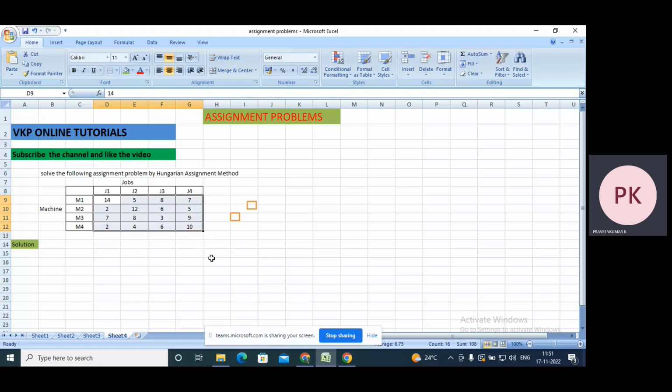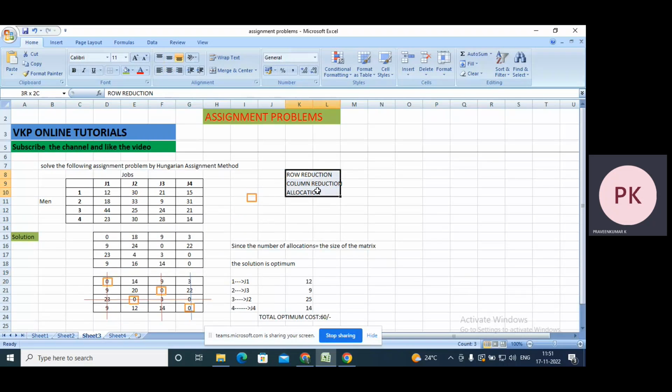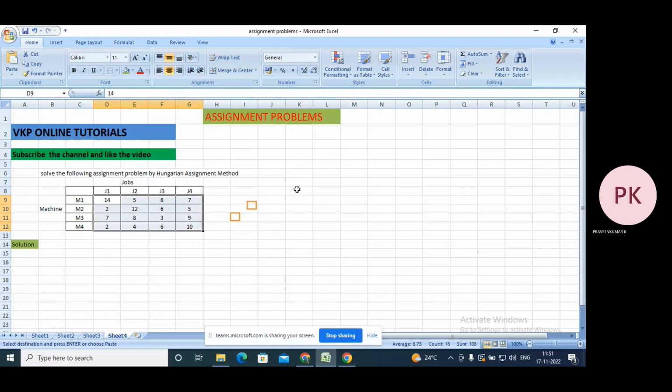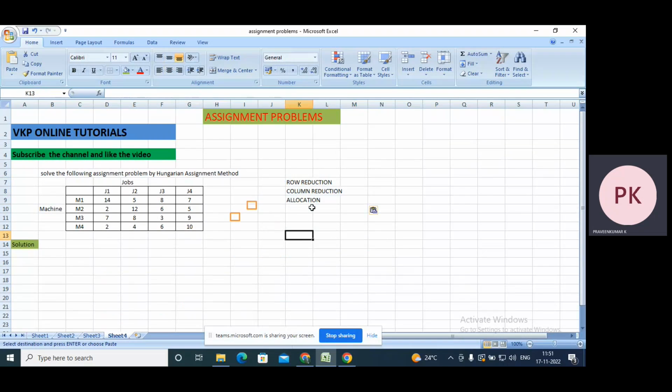So then we need to proceed with Hungarian assignment problem. Let's apply row reduction, column reduction, and allocations.